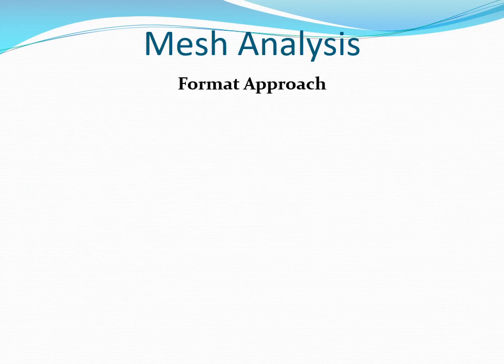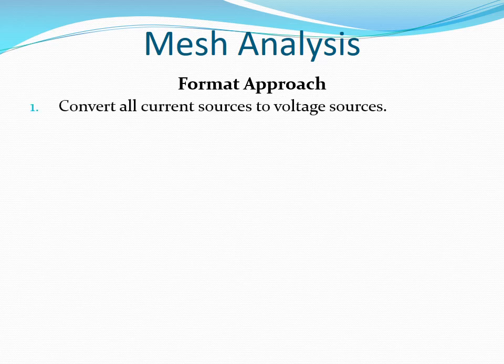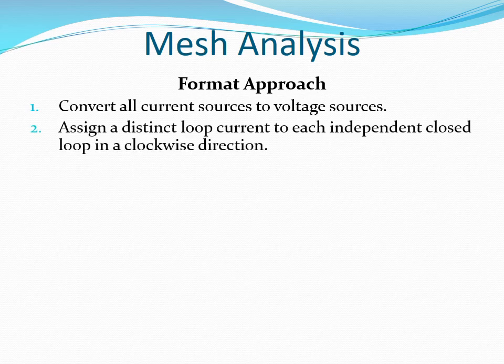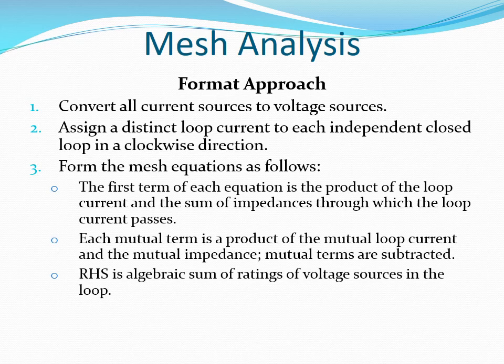The steps followed when using the format approach are: 1. Convert all current sources to voltage sources. 2. Assign a distinct loop current to each independent closed loop in a clockwise direction. 3. Form the mesh equations. The first term on the left-hand side of each equation is the product of the loop current and the sum of impedances through which the loop current passes.